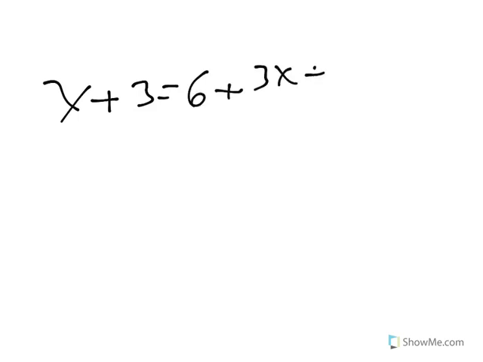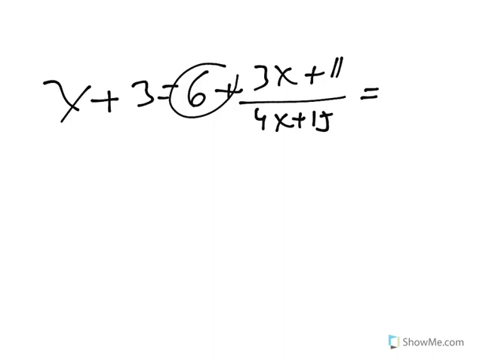So now I'm looking at x plus 3 equals 6 plus 3x plus 11 over 4x plus 15. And when you add 6, which is the same thing as 24x plus 90, you get 27x plus 101 over 4x plus 15.